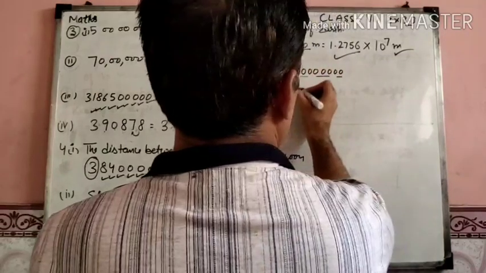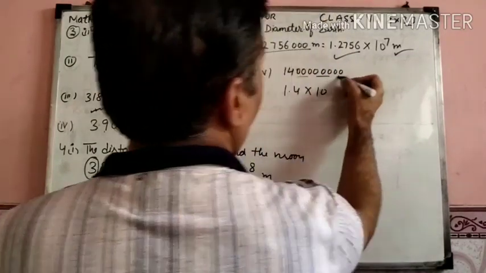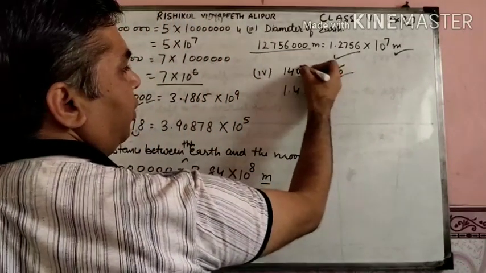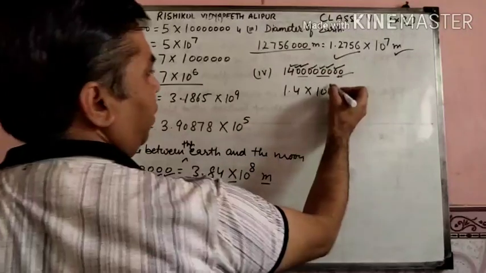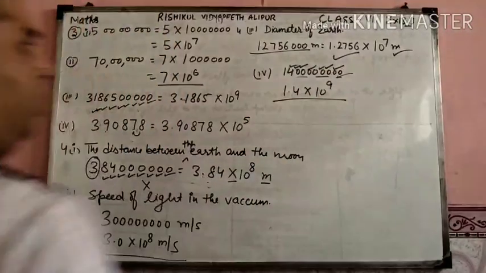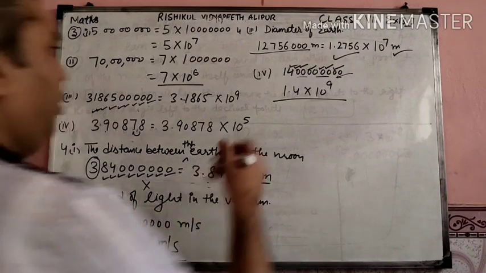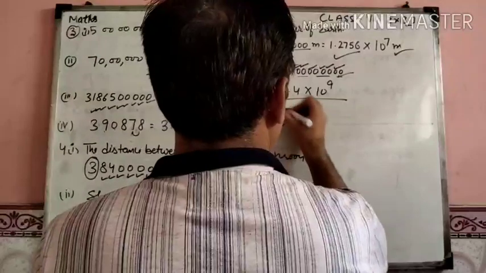How will you write it? 1.4 into count 1, 2, 3, 4, 5, 6, 7, 8, 9. It can be written as 1.4 into 10 raised to power 9. Next one is, students, are you getting? This is very usable in your future classes.